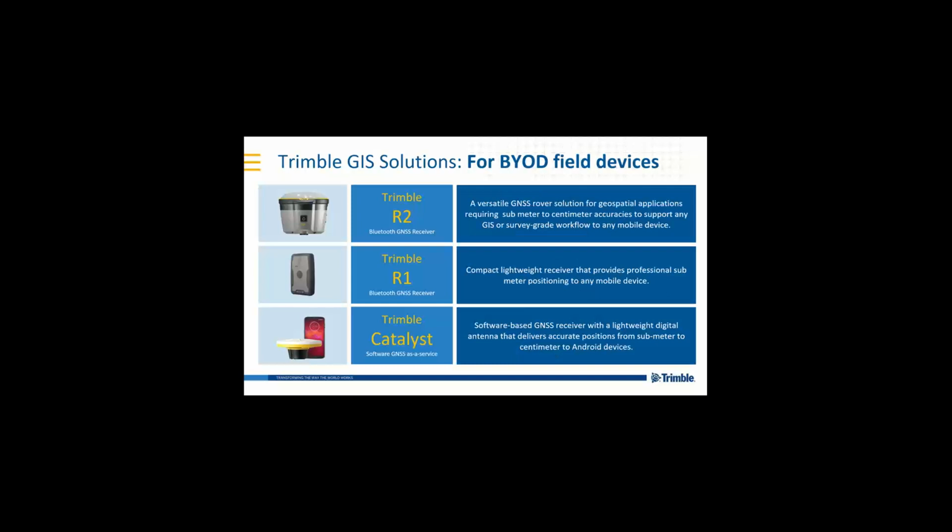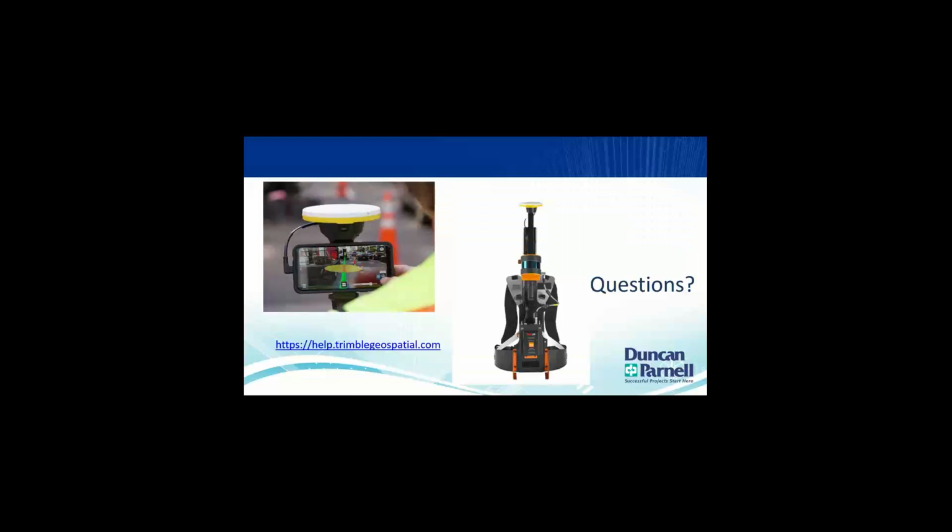A few more comments here, where Trimble's helped give some guidelines between the three different products. I mentioned that Catalyst could be used with lots of different software. Any software you can put on your Android device can consume the locations coming from Catalyst. Catalyst is also starting to be used in a wide variety of other applications.